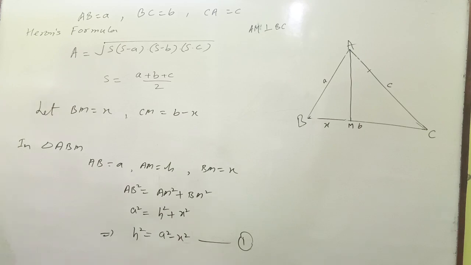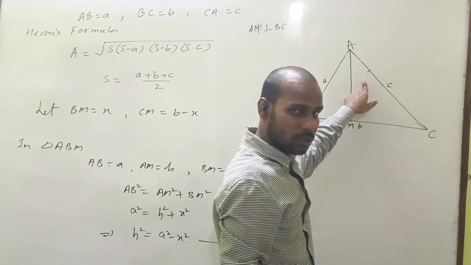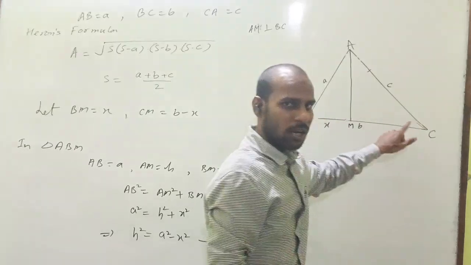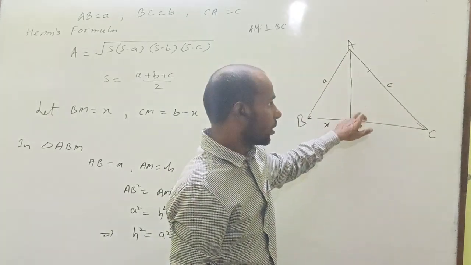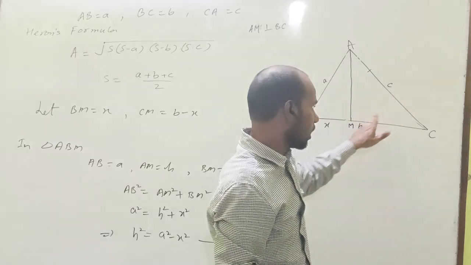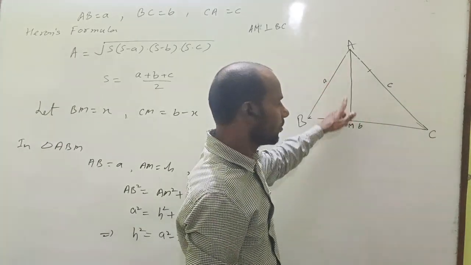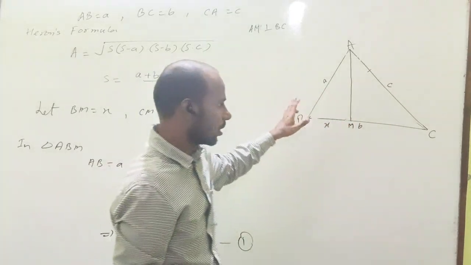We'll apply the same rule in this other small triangle as well, that is triangle AMC. We can see that this triangle AMC is also a right angle triangle in which AC is equal to C and MC is equal to B minus X and AM is equal to H, like it was in the earlier triangle ABM.